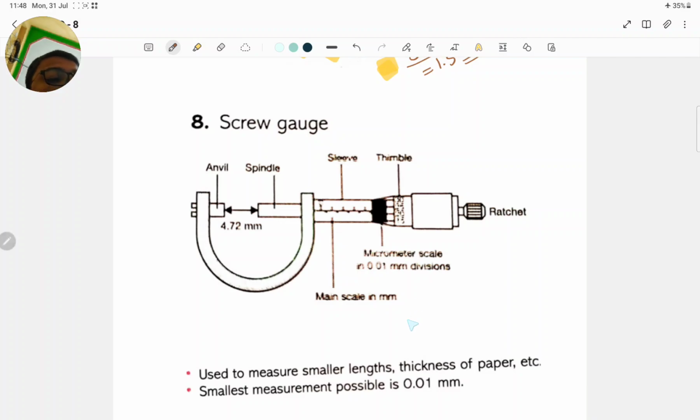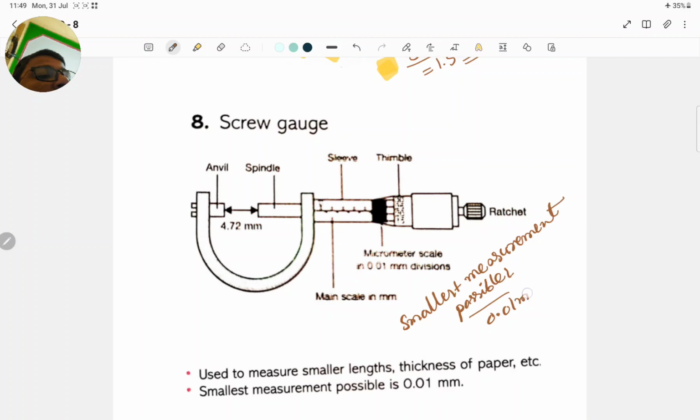One important point: the smallest measurement possible is 0.01 millimeter, nothing but 1 by 100 millimeter or 1 by 1000 centimeter.